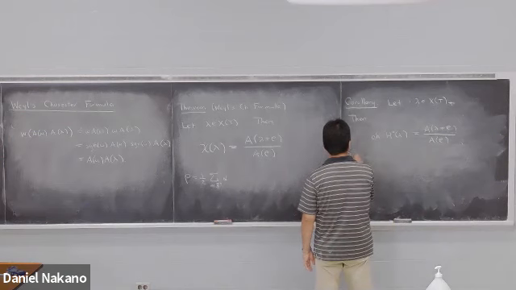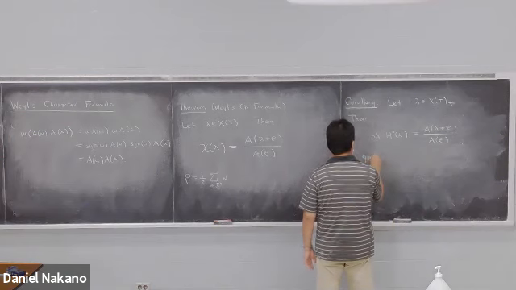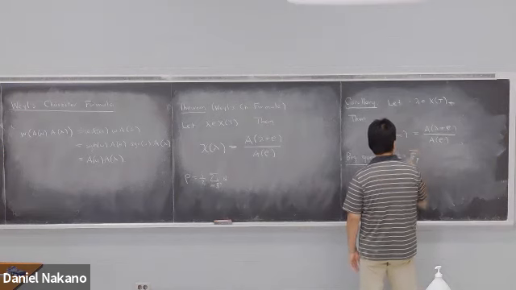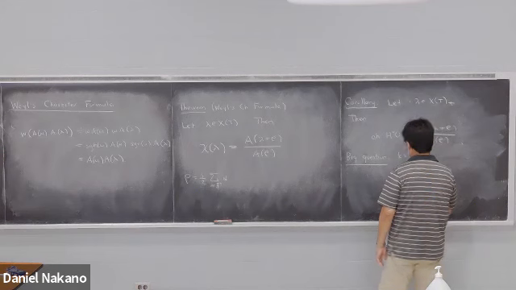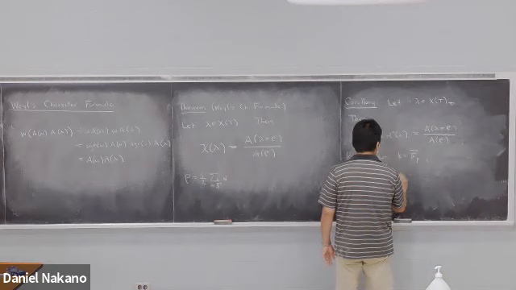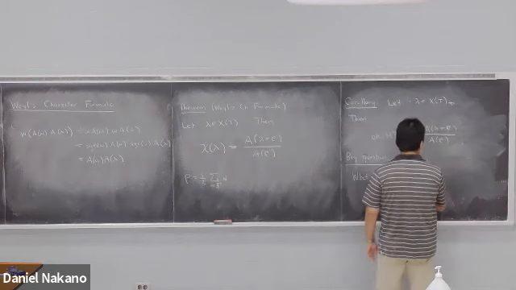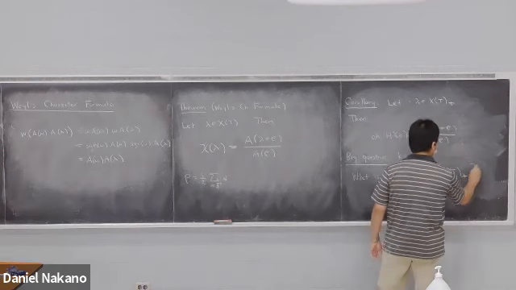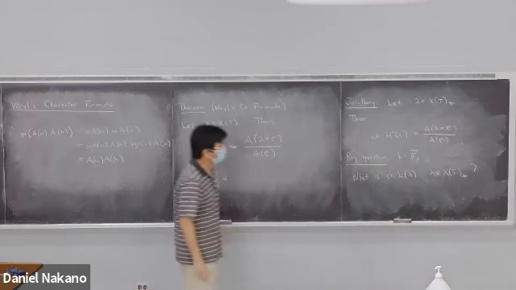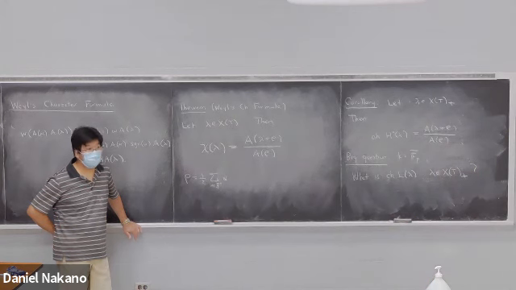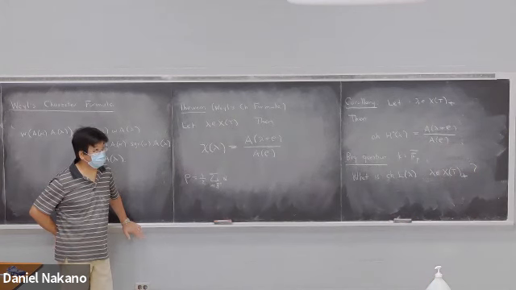So the big question: if k has characteristic p, what is the character formula? In general, we know it for p very, very large, but in general, we don't know.